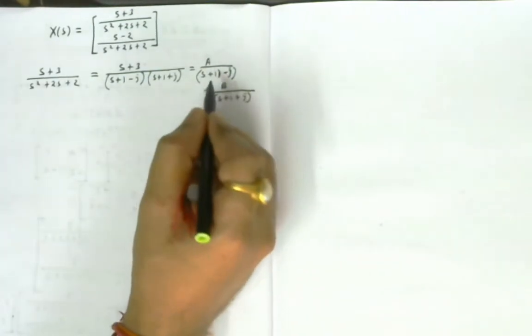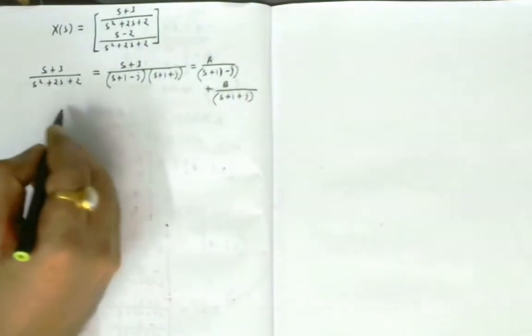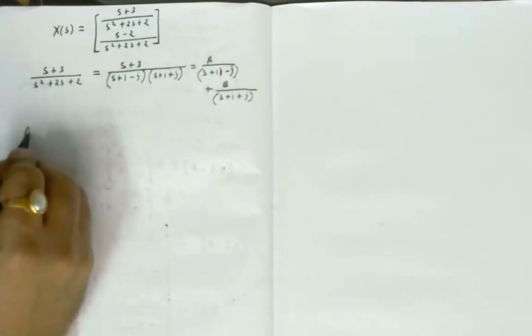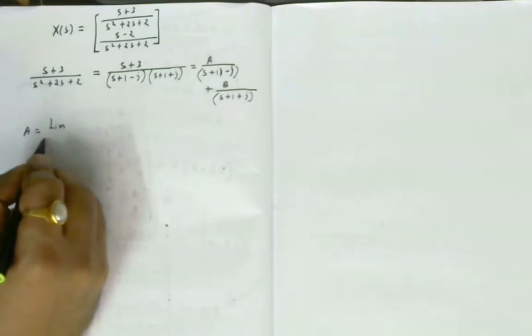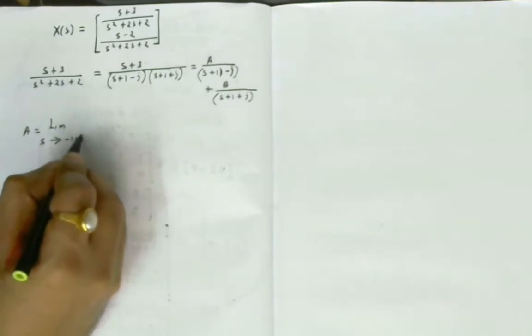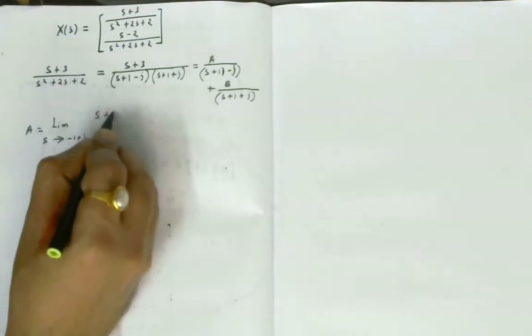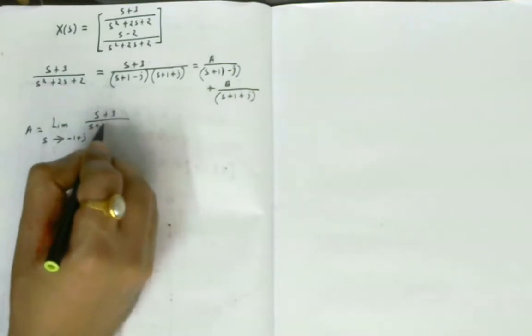So now you have to find the coefficients A and B. You can follow my steps.